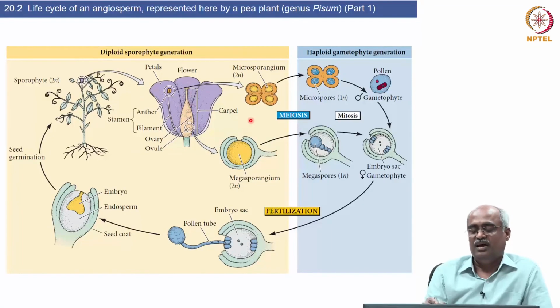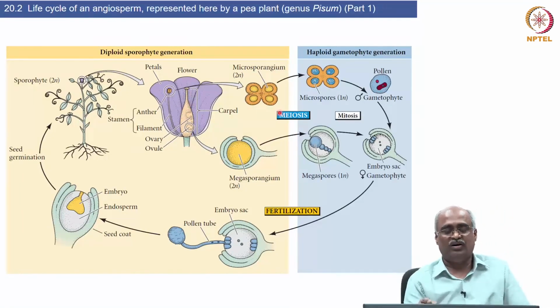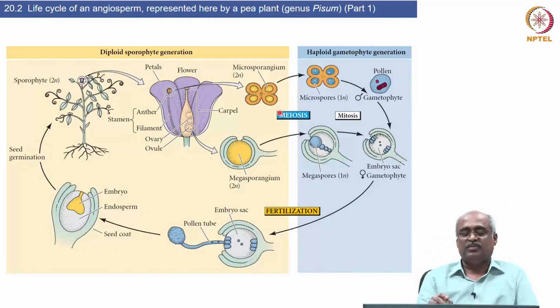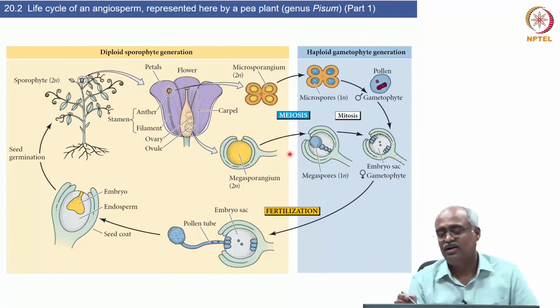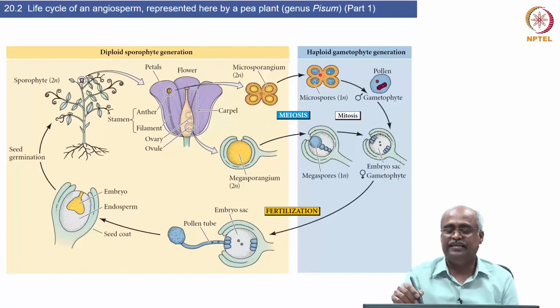Now let us see how they form gametes. If you take this anther and make a cross section, you will see four chamber-like structures. Each of these we call a microsporangium, because it makes cells called microspores, and the multiple cells inside them are the microspores.